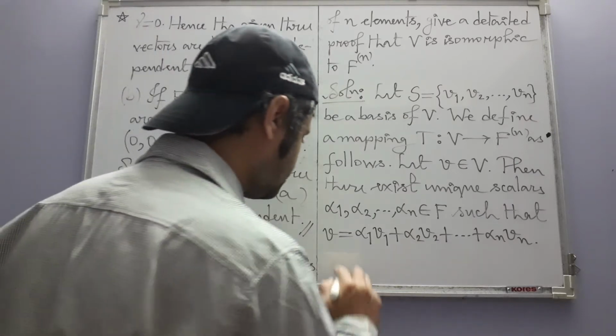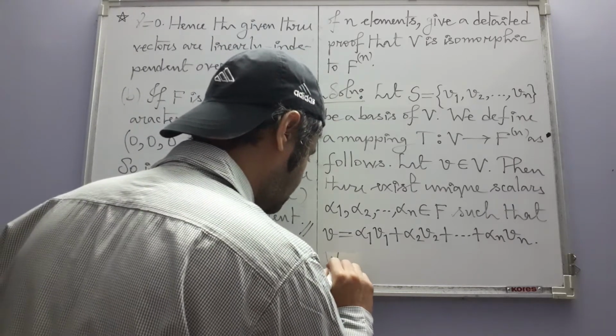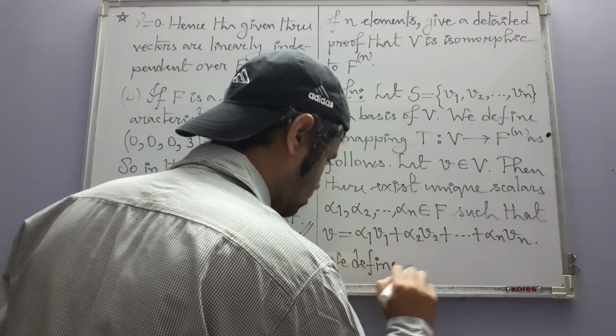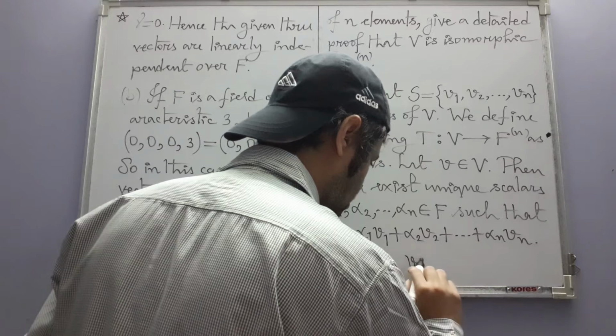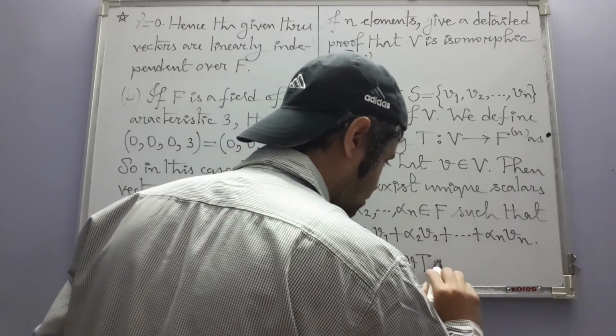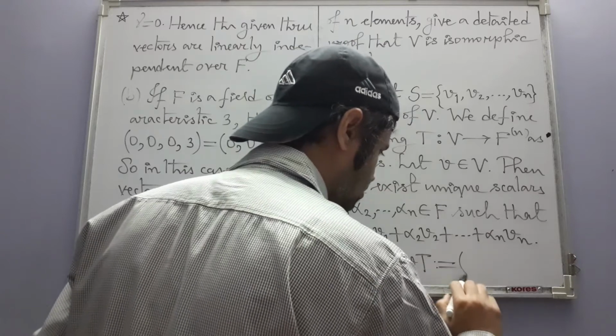We define the image of v under T to be equal to this.